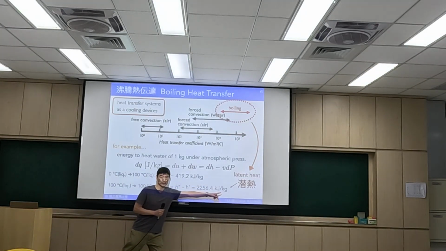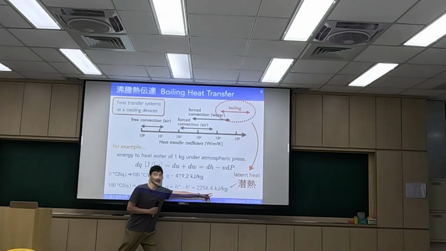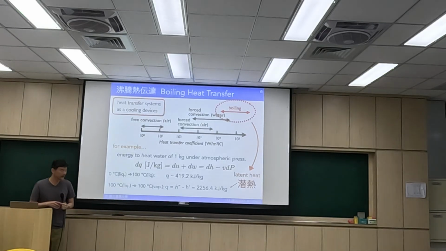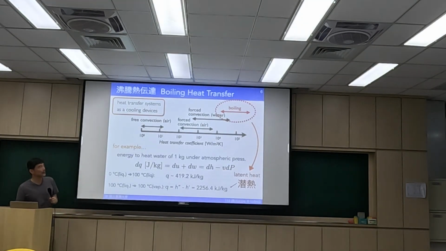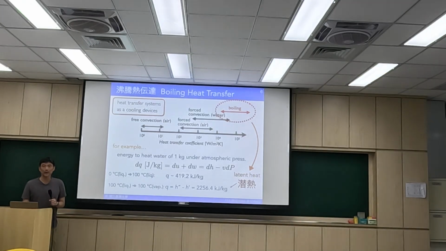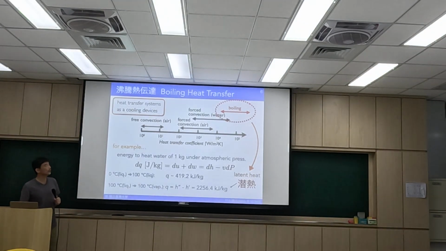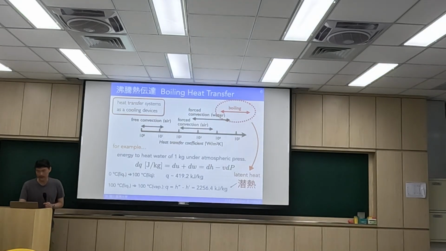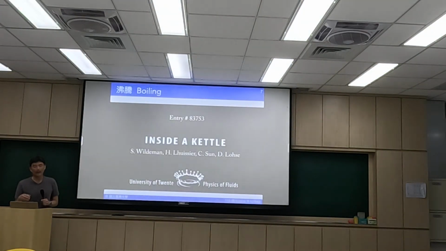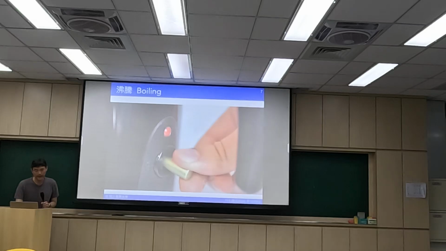Thanks to the latent heat, the heat transfer coefficient of boiling becomes much higher than free convection or forced convection. So this is the topic. And then, okay, let me introduce some movie.